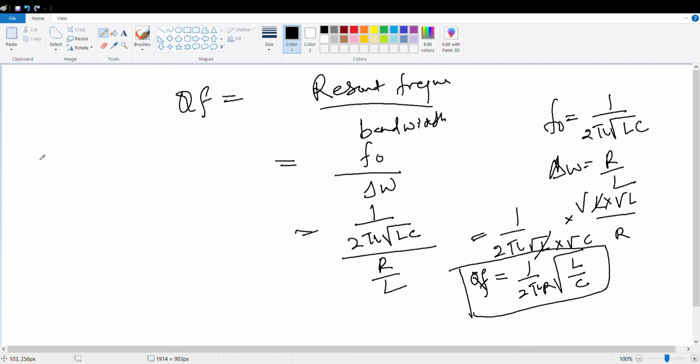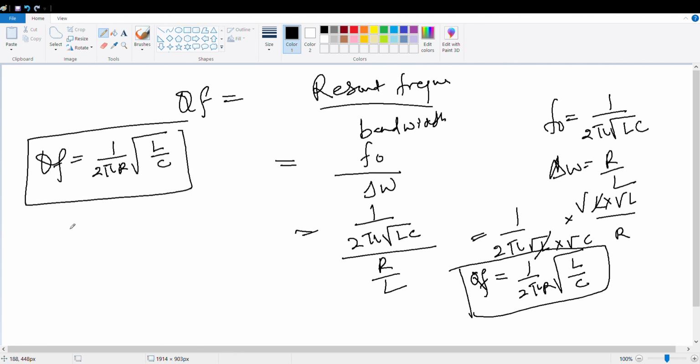So your quality factor formula is 1 by 2 pi R root of L by C. Don't get confused. F naught is 1 by 2 pi root of 1 by LC, whereas this is L by C. They look similar, but don't get confused.